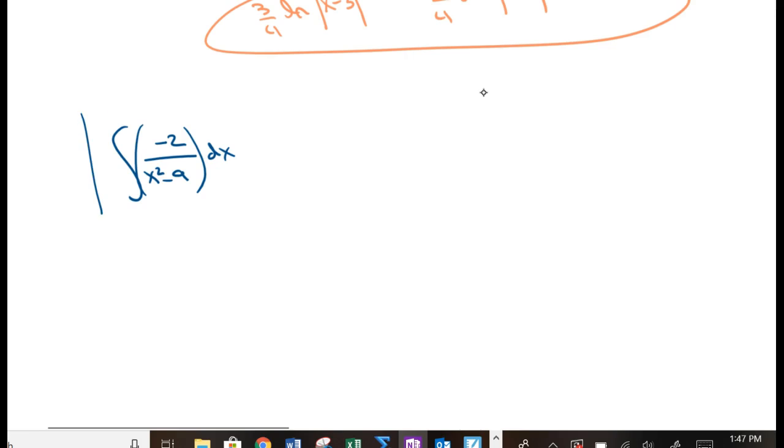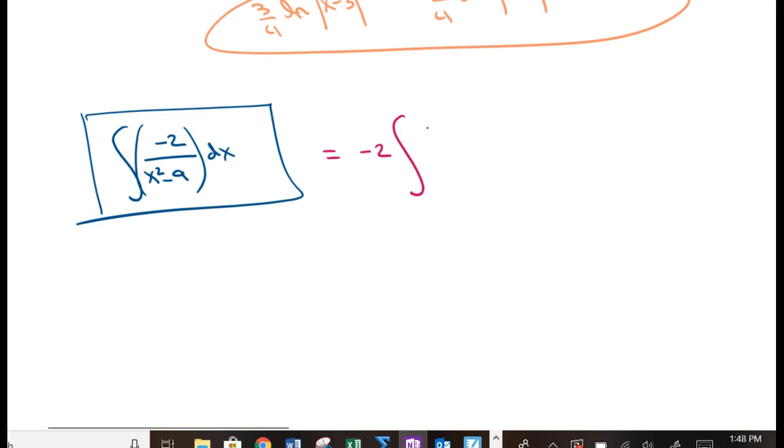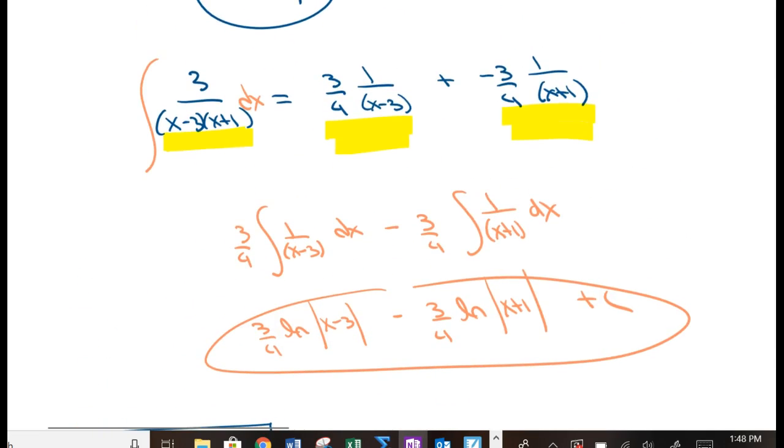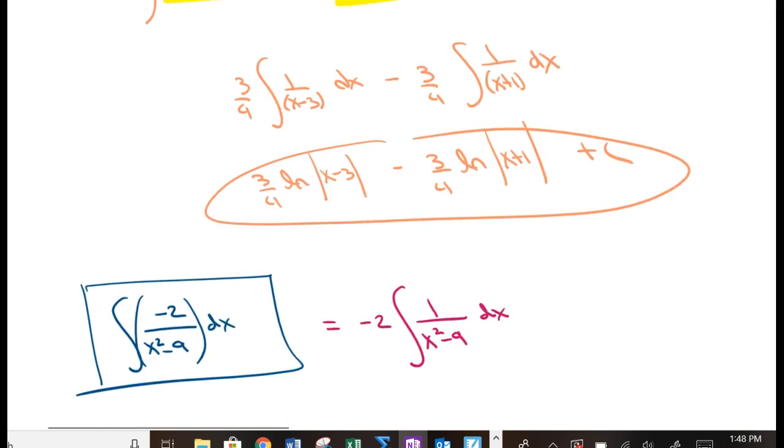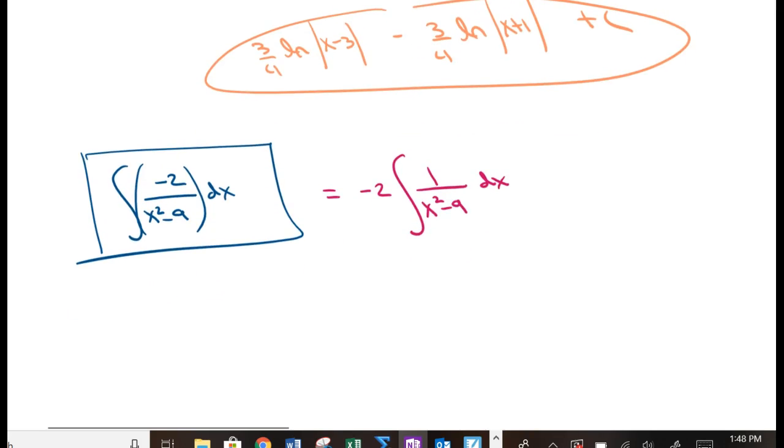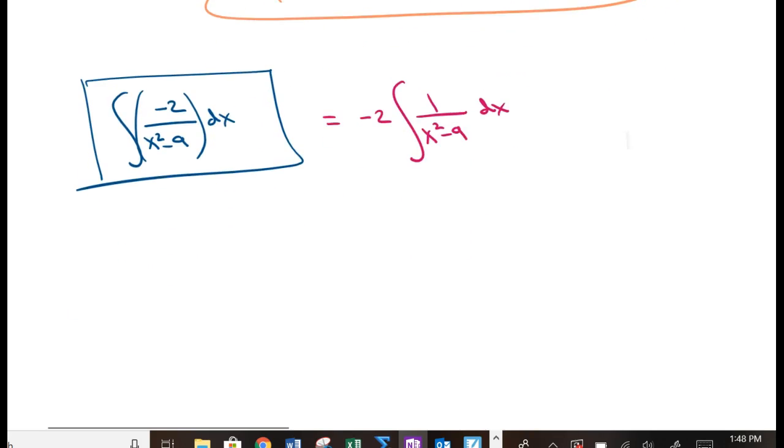Why don't you go try it on your own and then replay me for the result, or work with me, either way. In this case, if you want to pull the constant -2 out, just like up here, you could have pulled the constant 3 out, certainly. If you pull the constant out, just make sure you don't lose it in your work.